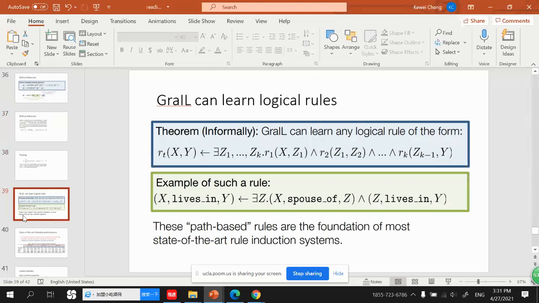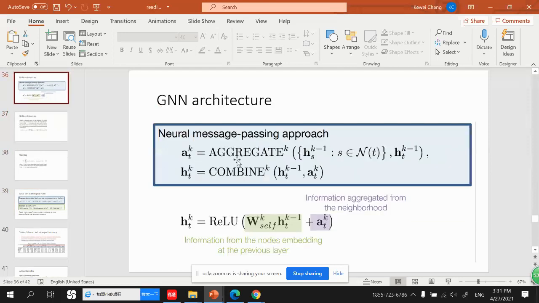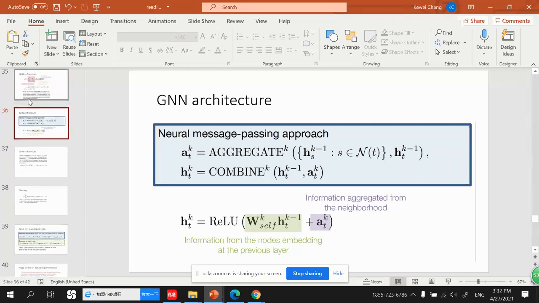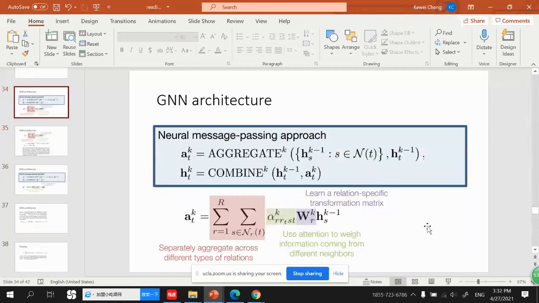As we can observe, during this GNN propagation, what we're trying to do is aggregate the information from all its neighbors in the subgraph, with the relation-specific transformation matrix to include the relation-specific information.